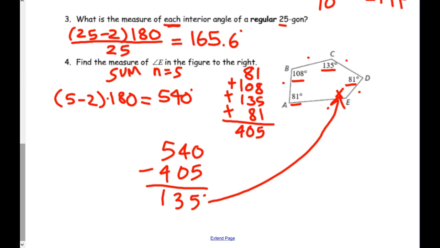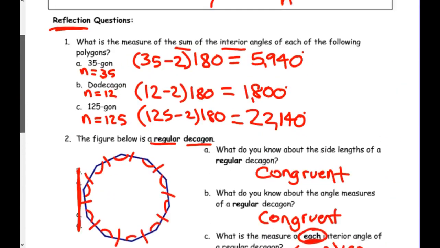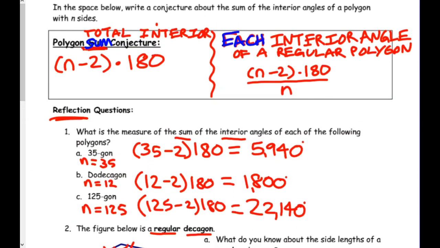Let's make sure we add that to our notes real quick, up here at the top. Everyone stay with me. I want you to write the word 1. If you see the word 1 interior angle, that means each interior angle, okay? So when you get to the back side of the assignment, you're not doing the sum, you're doing the each. You're doing the 1, okay?